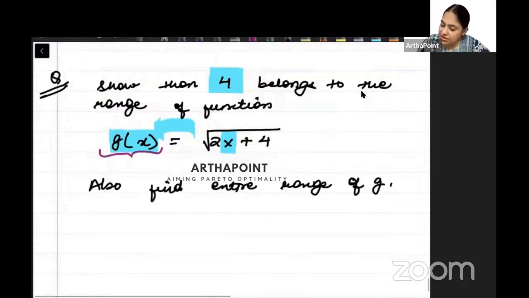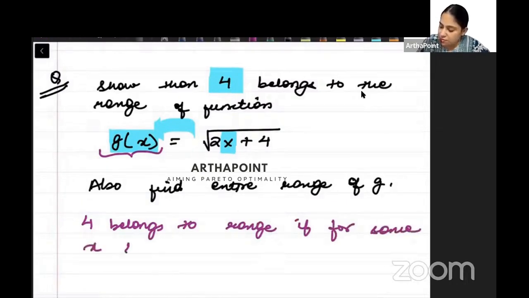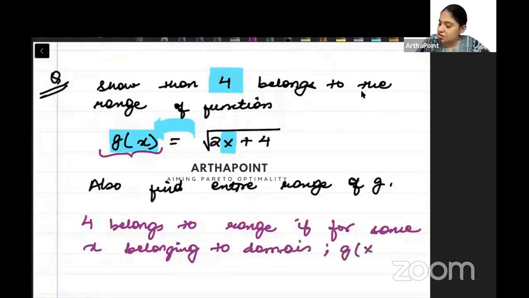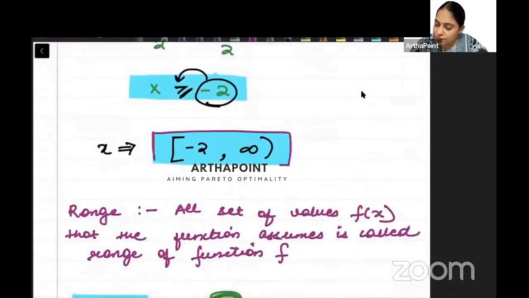So we will say that, please write with me beta. 4 belongs to the range if for some x belonging to the domain, g(x) is equal to 4. अगर ऐसा कोई x है डोमेन में, what was the domain of this function बच्चे? -2 to infinity.